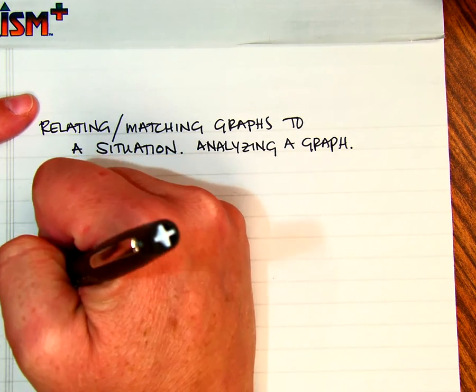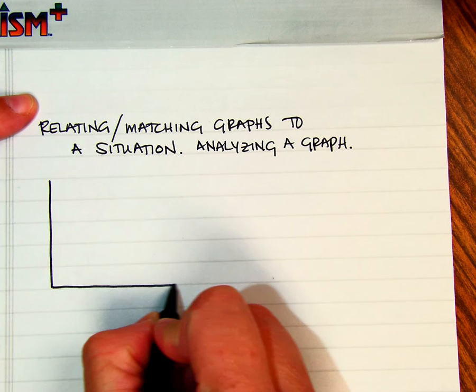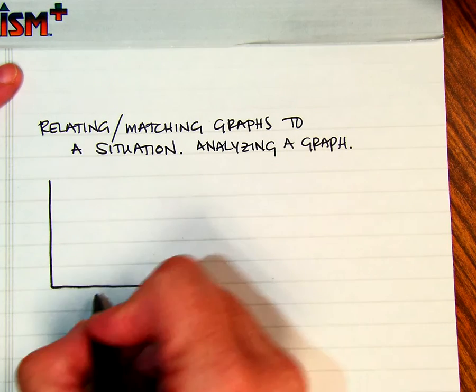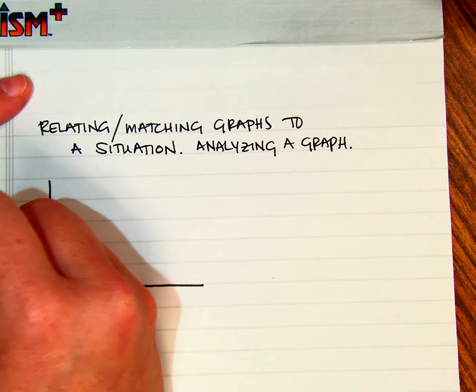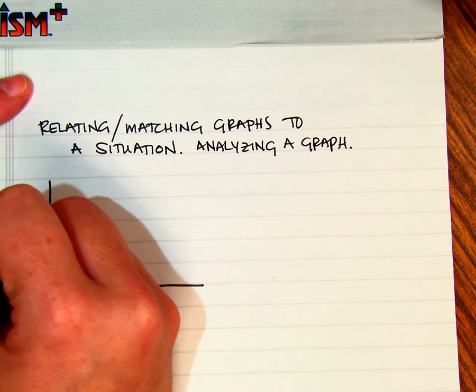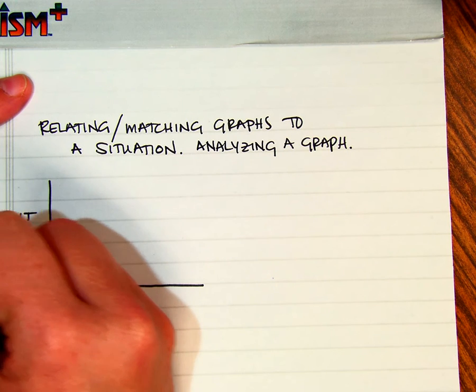might be explaining. So we're going to be comparing two quantities. So we have time, and we have, for example, maybe the height of a balloon.